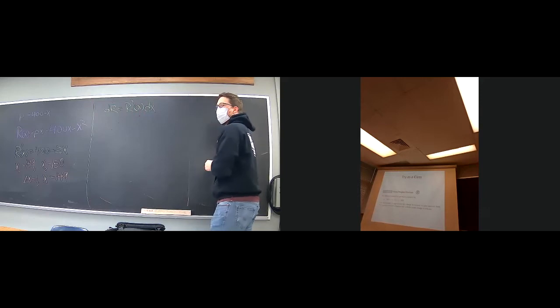Now we're going to go through and say dr is equal to r prime of x times dx. This is approximately going to be r prime of x times delta x.